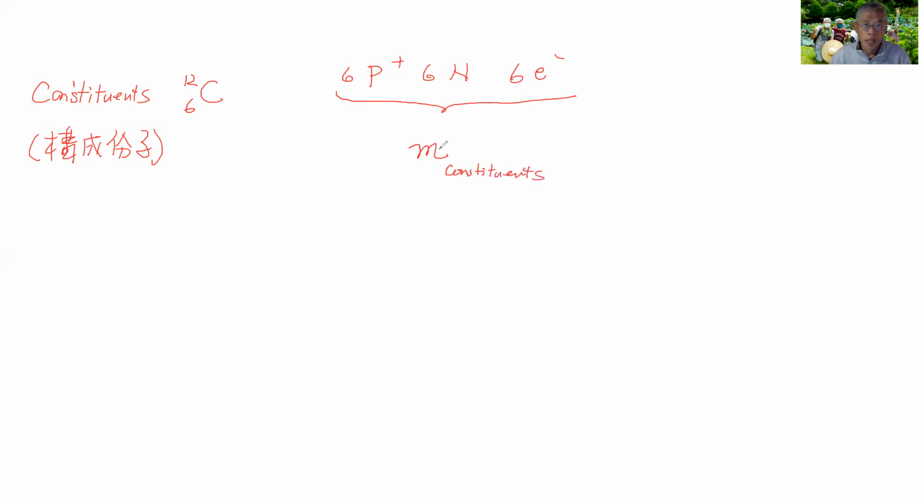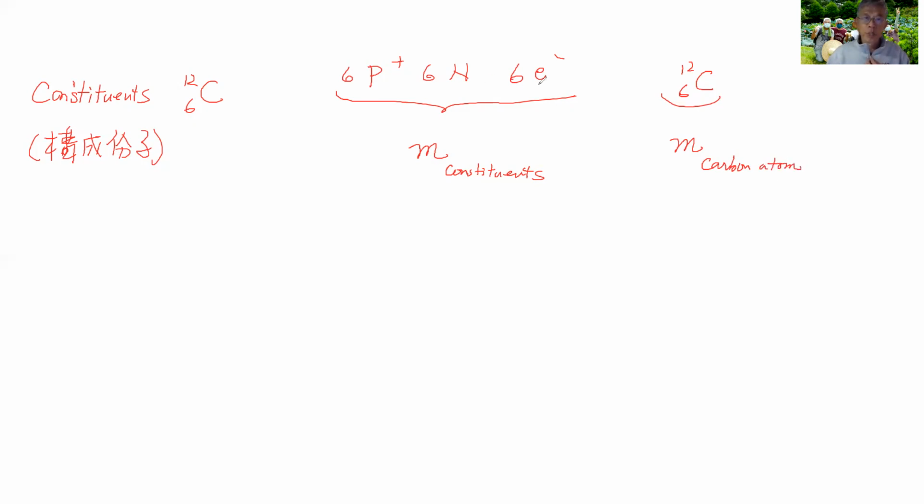And then call this one here the mass of the constituents. Okay. And then I also have the mass of the C612 itself. So you are thinking that, am I crazy? Like, this is that. Okay, well, they are not, right? So this one here is going to be the mass of the carbon atom, right? Okay.